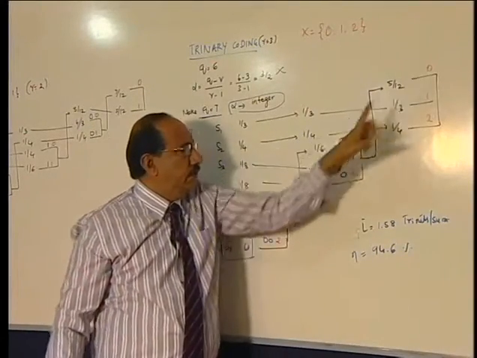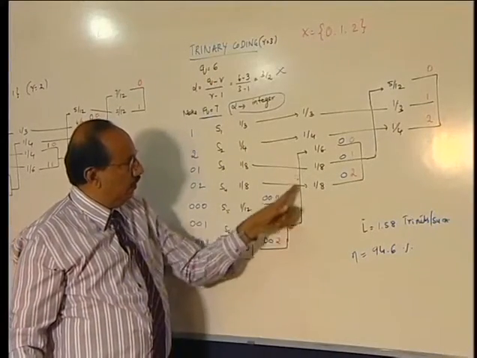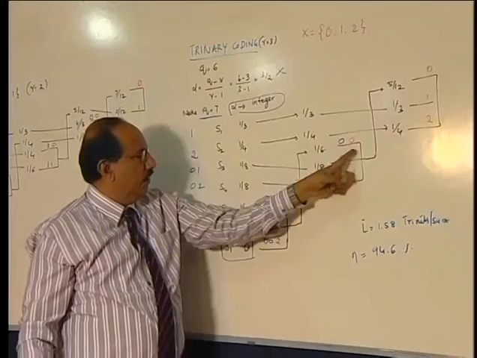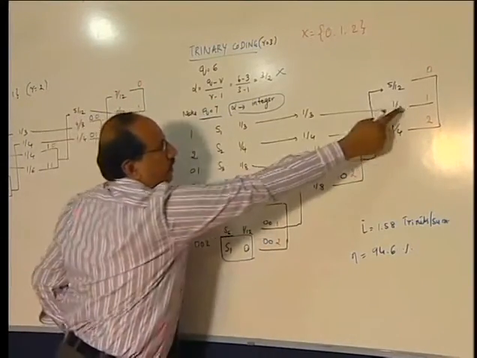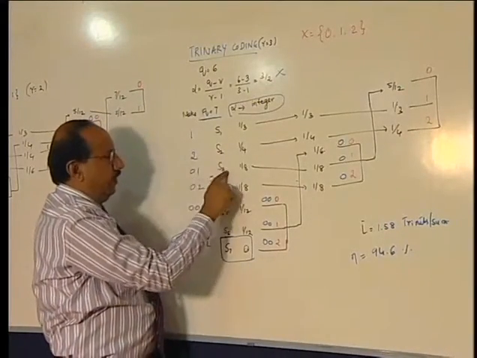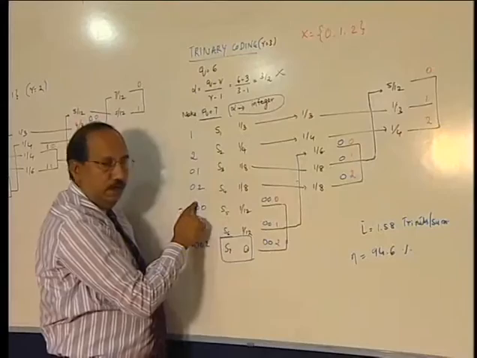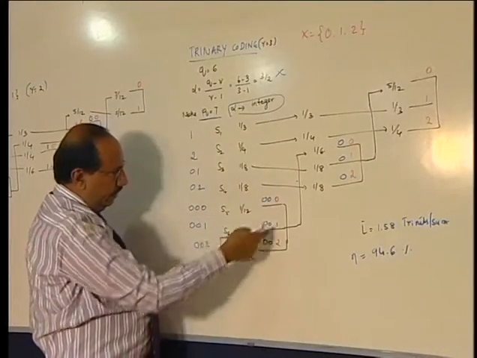It has connected to this point, so 0, 0 will be the prefix. Now the code word for S1 is directly 1, for S2 it is 2, for S3 it is 0, 1, S4 it will be 0, 2, and S5, S6 are coming directly.